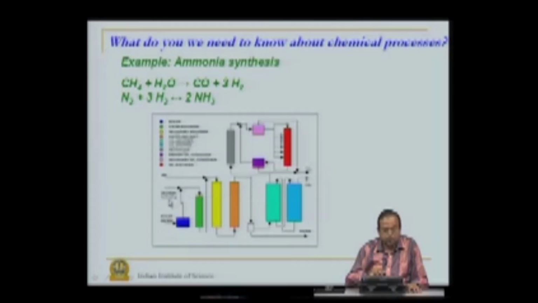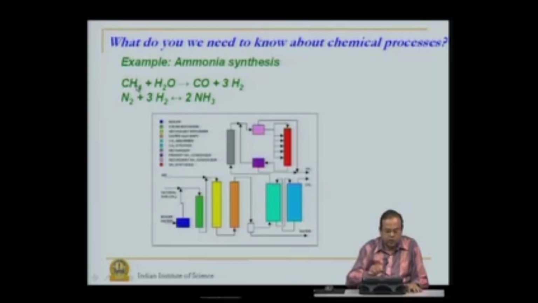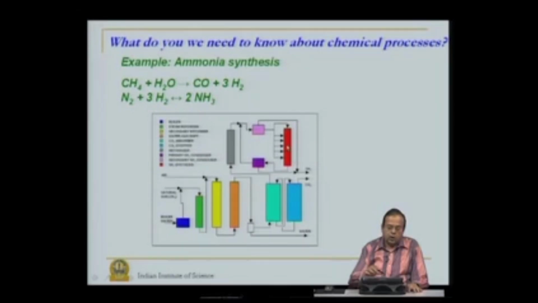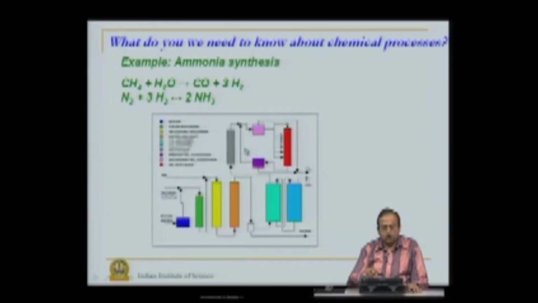So, we have, for example, natural gas, that is methane coming in with boiler water, and the hydrogen generation, that hydrogen goes to our ammonia synthesis and so on. Now, the problem doesn't end there, because it turns out that the catalyst which is required for synthesis of ammonia is inhibited strongly by presence of even trace quantities of carbon monoxide.